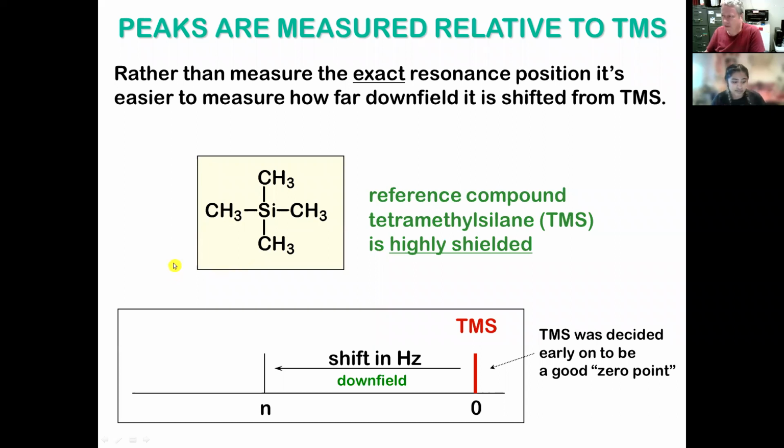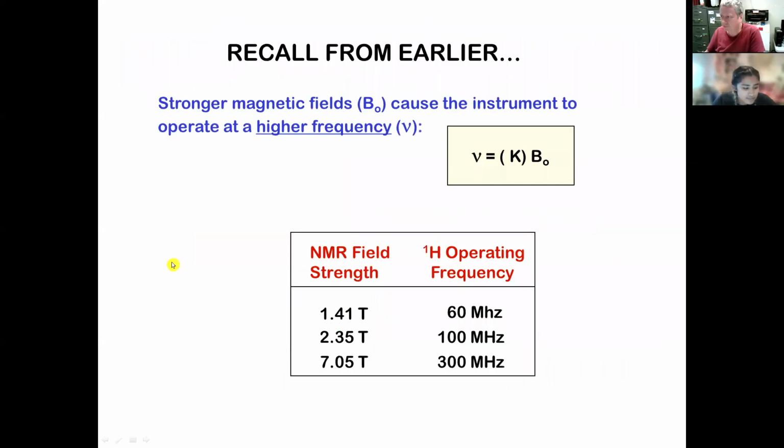And that's what we said. Because hertz varies between NMR machines and magnet sizes, right? These different size magnets have a different meaning of hertz. So it's better if we have a universal measure of the x-axis.